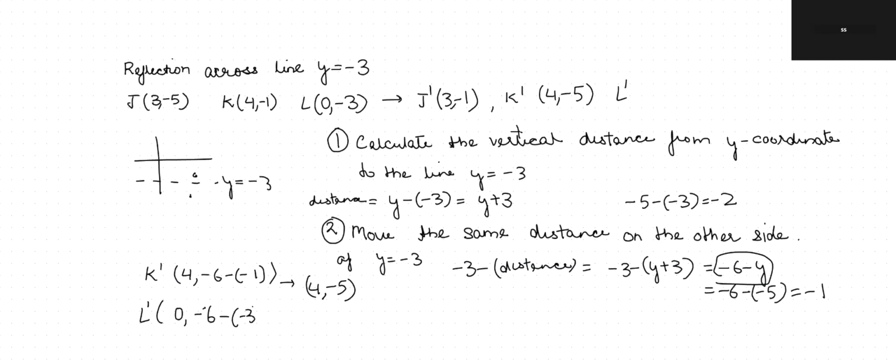So this will give us 0 as the x coordinate, which remains the same, and -3. So this will be 0, -3.